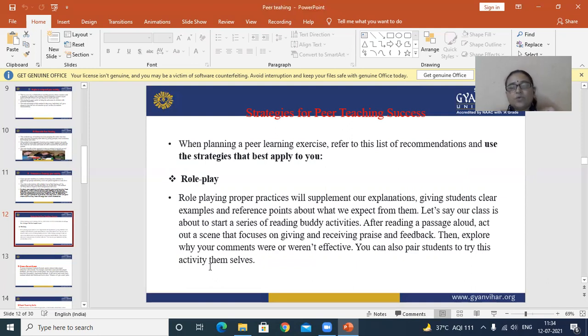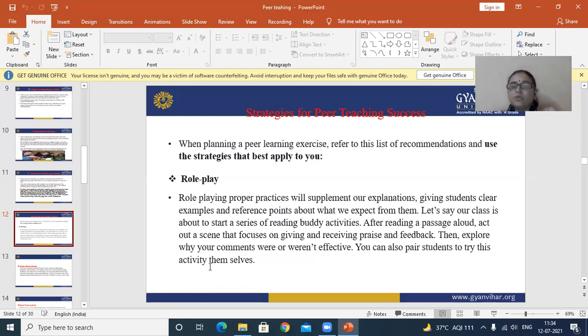Basically, the role play teaching method is a participatory teaching method. In role play, a student learns by doing, and the role play method basically follows the pragmatism theory.